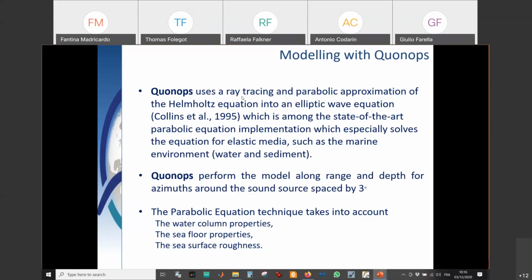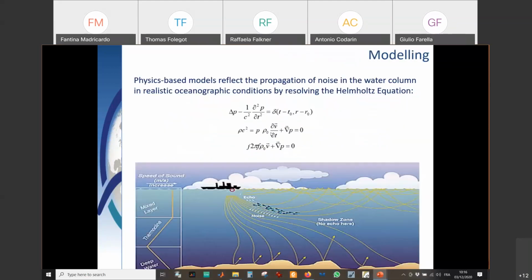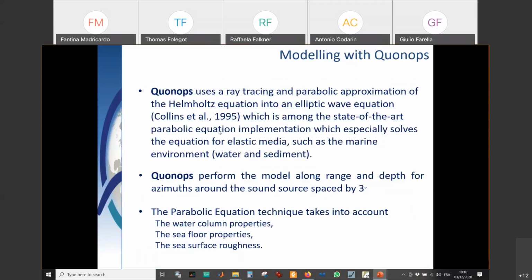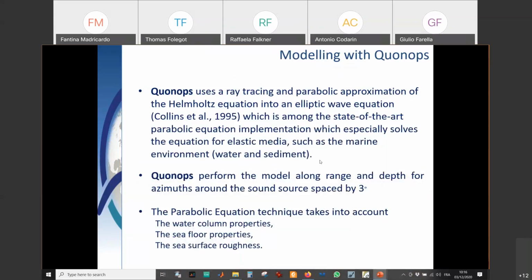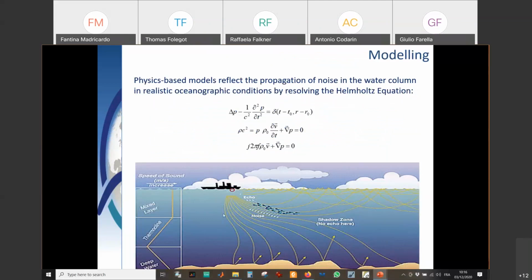The good thing is that both models solve this equation with different assumptions, but both of them take into account the oceanographic conditions in the water column, so the sound speed profile, and also the bottom type. So it's quite a fair estimation of the propagation, and it will describe all these phenomena that I just described in the previous slide.